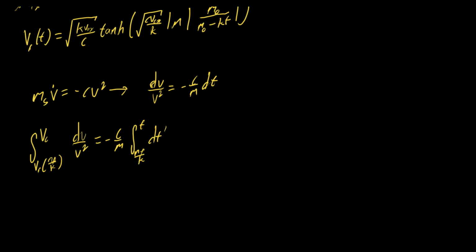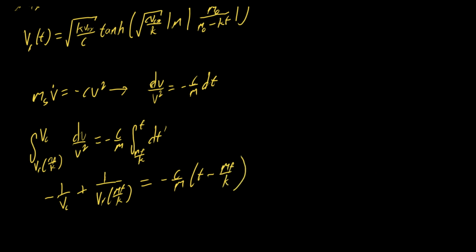And so on the left side, we're just going to get negative 1 over v coast plus 1 over v rocket at mf over k. And then on the right side, we're just going to get negative c over m times t minus mf over k.